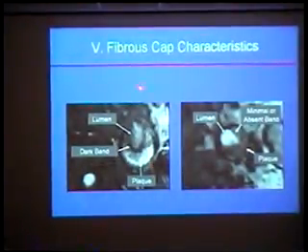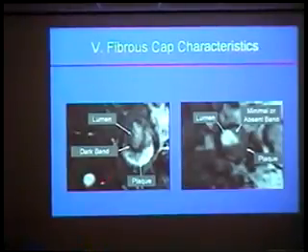This is a technique that we have been using to look at fibrous cap. This primarily is a time-of-flight based technique. And if you look at these two images, on your left, this is the lesion, and this is where the lumen is, and this is where the wall boundary is. In between, next to the relatively bright lumen signal, you see this region that has a giant bright signal.